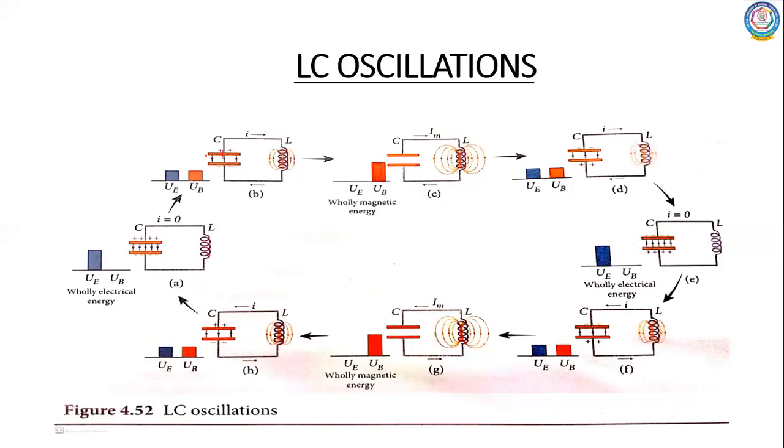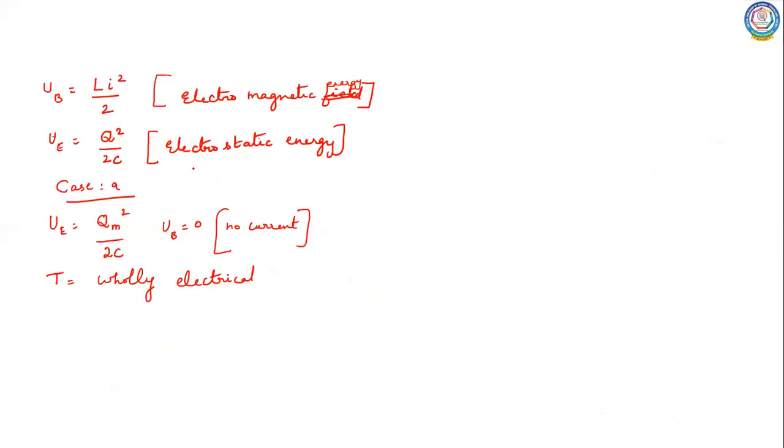So here also we have some energy, and here also we have some energy, but here the charges in the capacitor start decreasing because a current is produced in the circuit, and you have a magnetic field produced in the inductor due to the flow of current. So the charge in the capacitor decreases, and the energy stored in it is also decreasing.